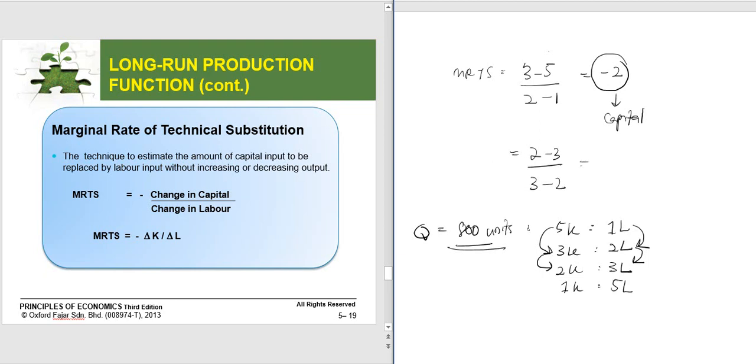So you will get negative 1. Meaning if you want to add more labor in your production, you have to reduce another unit of capital. Negative 1 for capital. So that is MRTS.